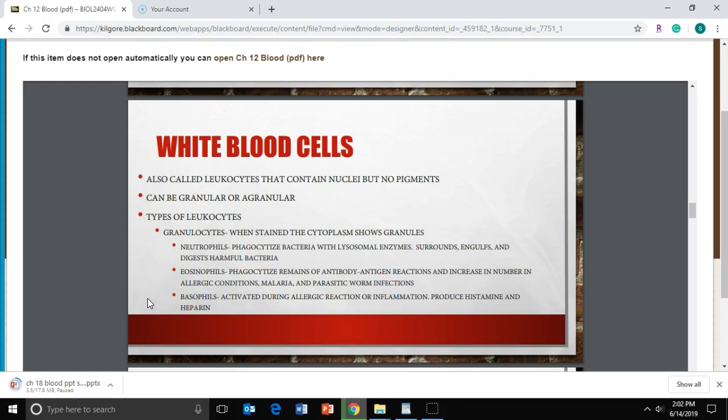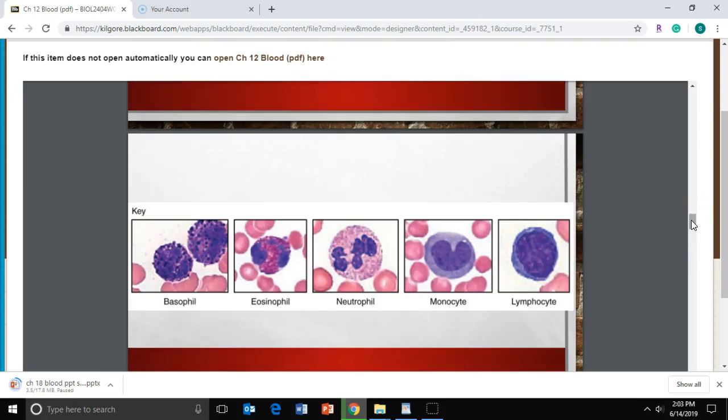Basophils are activated during allergic reactions or inflammation. They produce two substances, one called histamine that causes inflammation, and the other called heparin, which is an anti-clotting or anticoagulant.